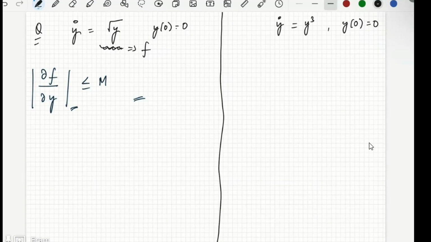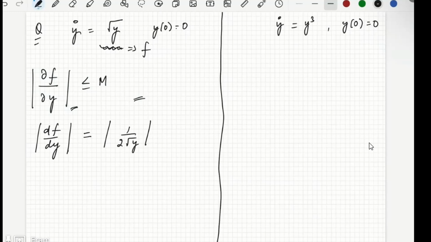Now can you find out the partial derivative of this f with respect to y? So the partial derivative will convert to derivative only because there is no term of t over here. So we have to find df by dy. What it will be? 1 by 2 root y.